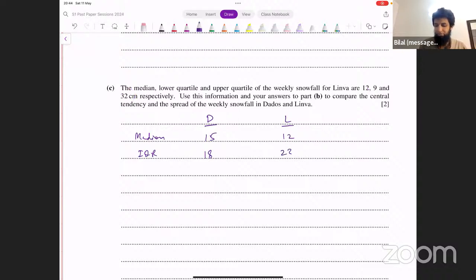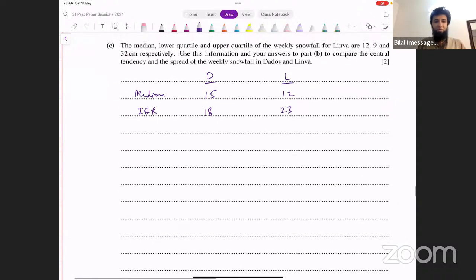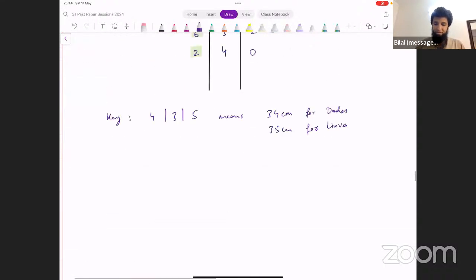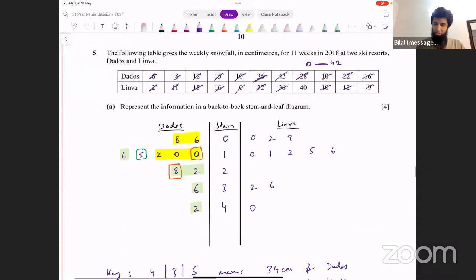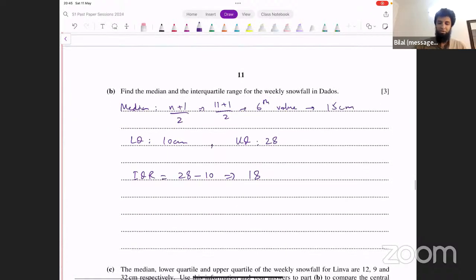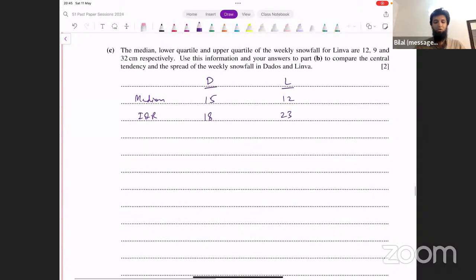This is 23. You have to compare their central tendency and spread. Median is a central tendency measure. What's the data representing? Data is representing weekly snowfall. Now, you have to contextualize this. Use the data that is given. Don't just write that median is higher for this, interquartile range is higher for this, lower for this.